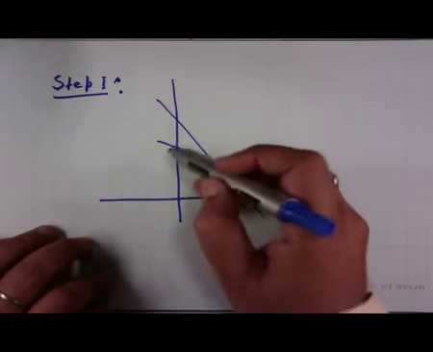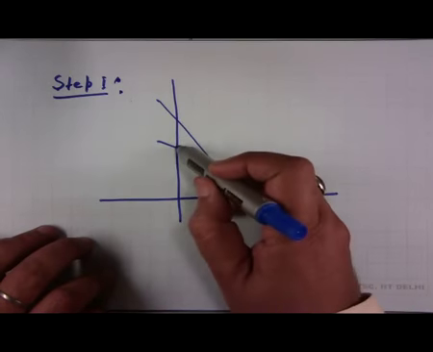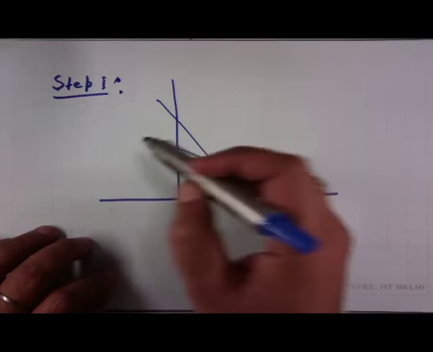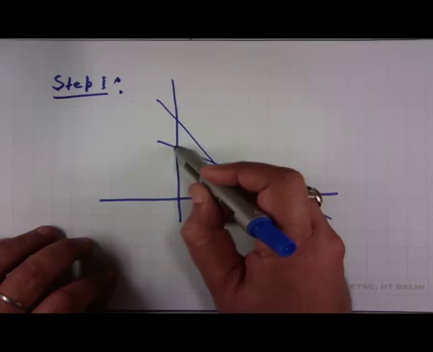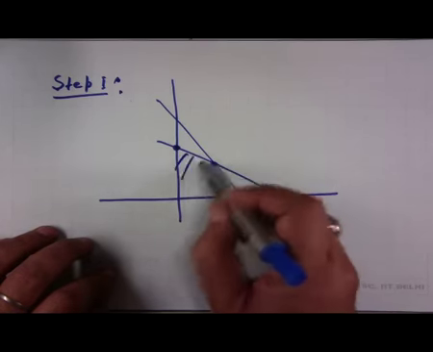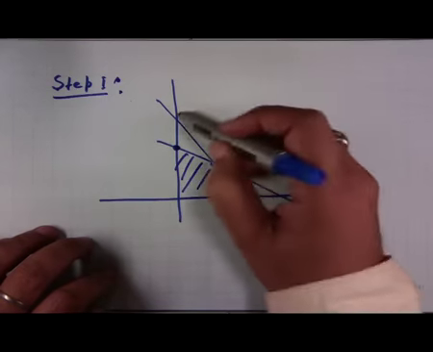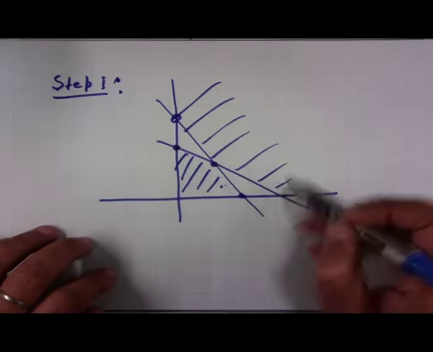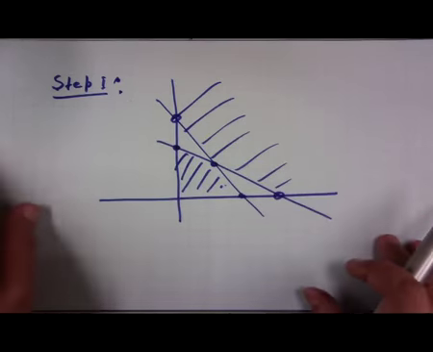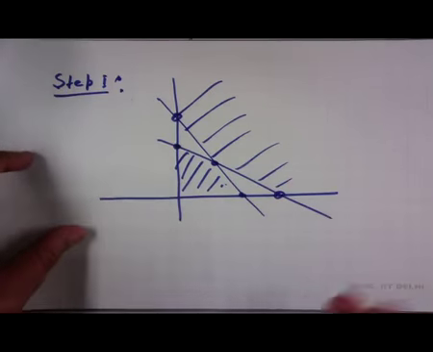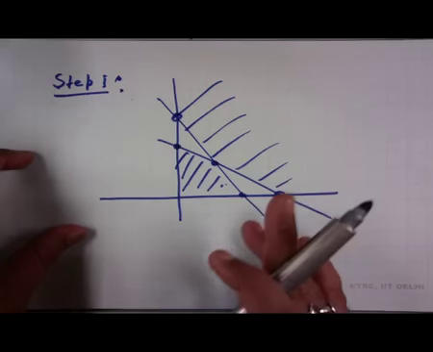Step 1 also says that by defining the feasible region, we have to find the corner points. If this is the region, then these are the corner points, and if this is the region, then these three are the corner points. So, first of all we have to plot the graph of all the constraints, define the feasible region and define its corner points.